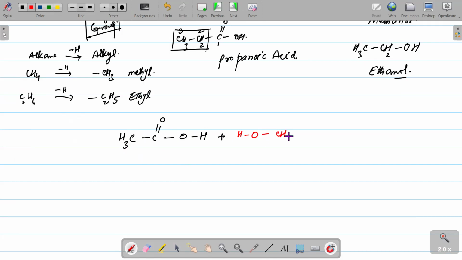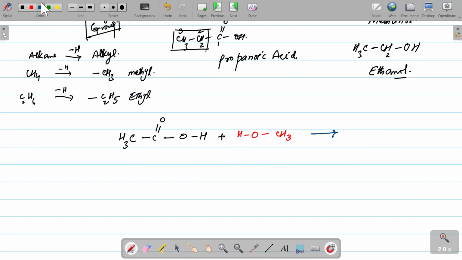I'm going to write it. It's methanol, right? So when they react with each other in specific conditions, I will discuss these conditions later on, but right now, when carboxylic acids react with alcohol, what actually happens?